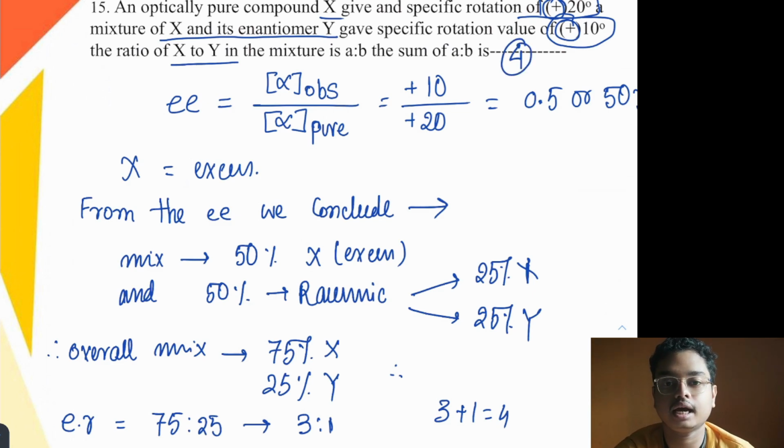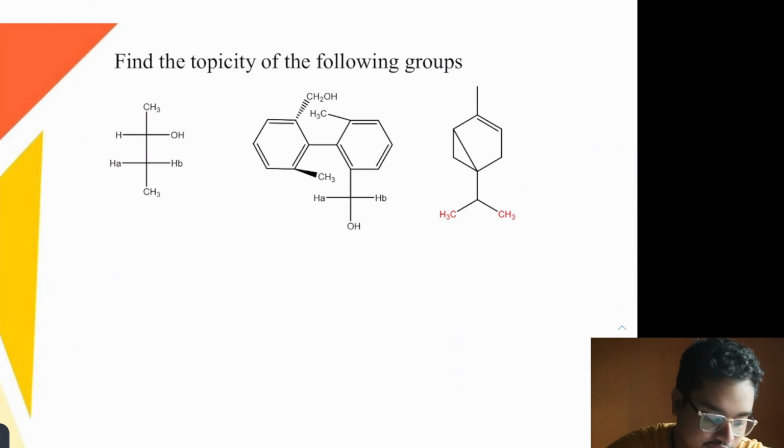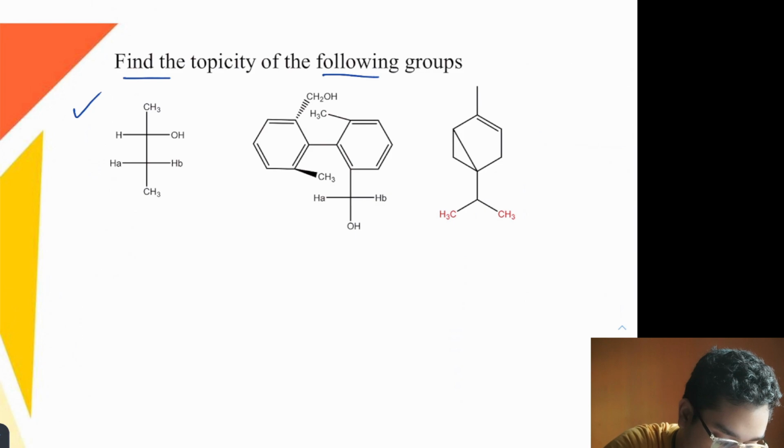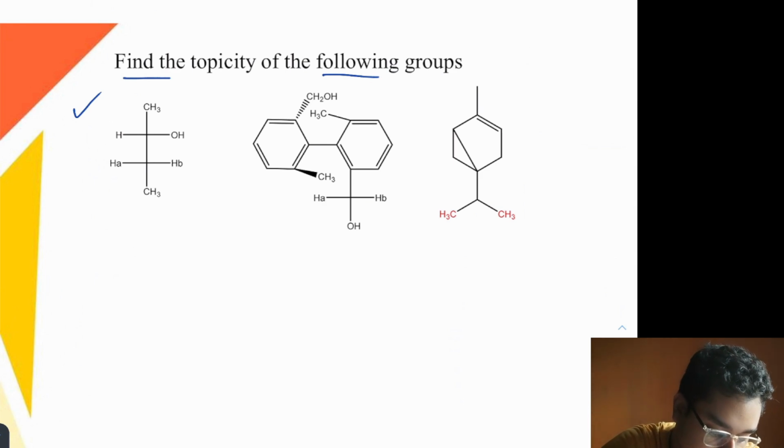Okay, so this is another interesting question. This type of question can come in the examination. So now we will discuss some topicity questions in brief. Find the topicity of the following groups. But before discussing topicity, let us recapitulate the rules.